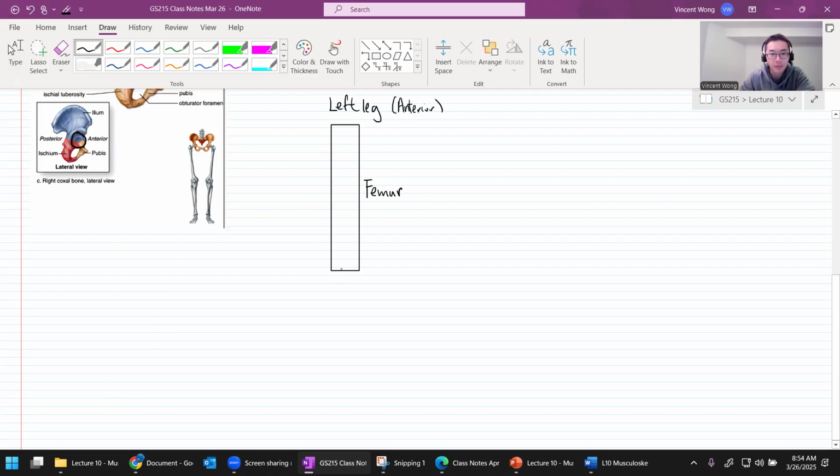So you have the femur. You're gonna have 2 bones at the front. Let's draw one bigger, and then you have the smaller one here. The one on the side, that's the fibula.